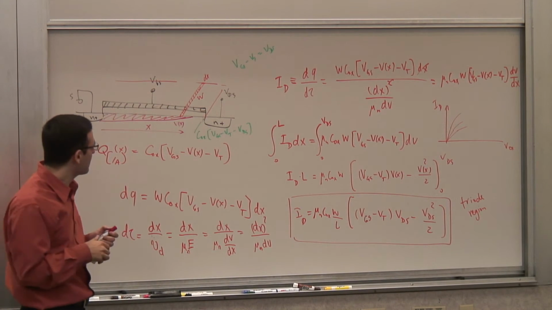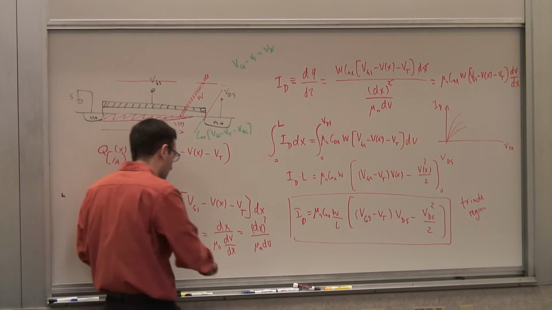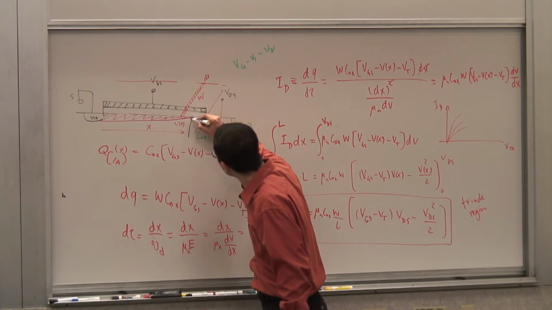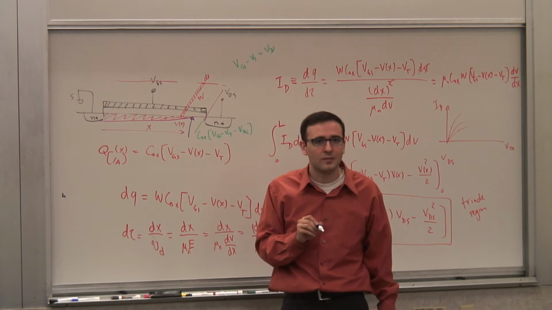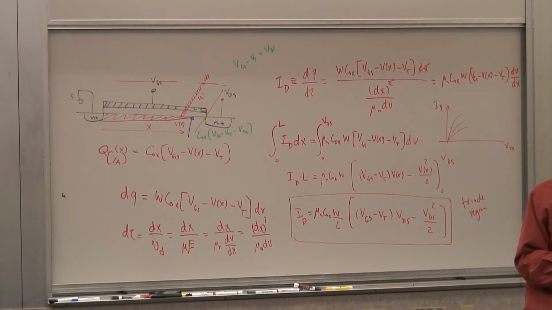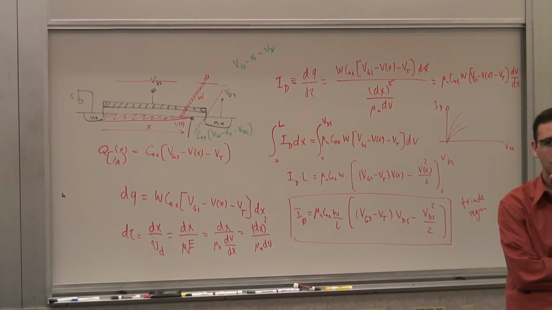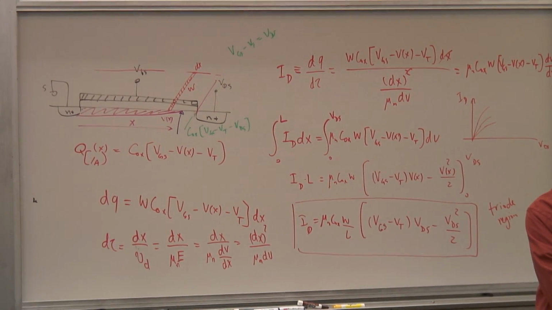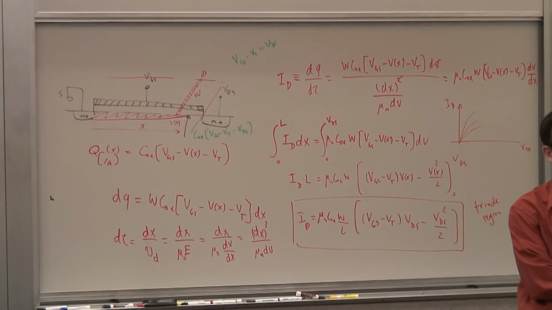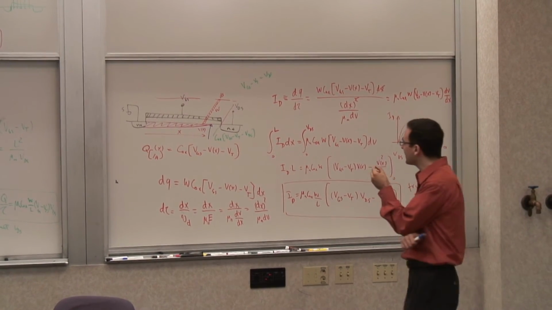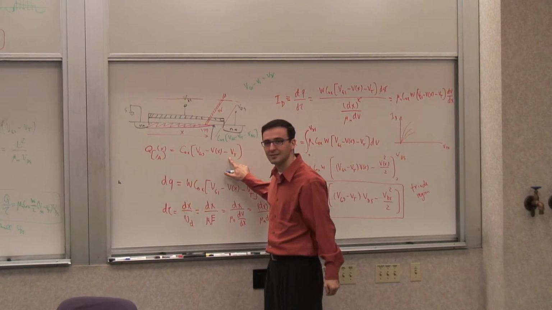Now, let me ask you an interesting question. It's a relatively simple question to answer, but what is Vx at this point, at the edge? This voltage had to be equal to VGS minus VT at that point.